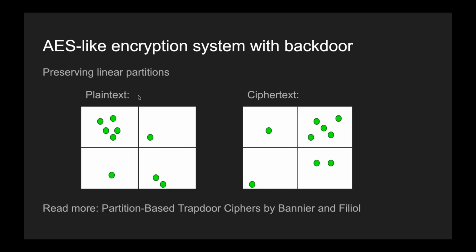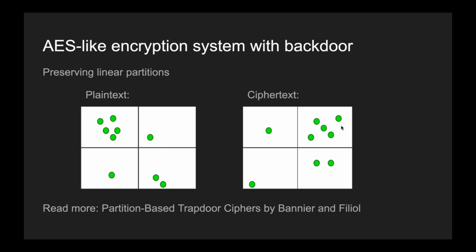And the point of designing something like this is if I look at one of these points in the ciphertext, I kind of know what area it came from in the plain text, just based on where it ended up, if I know which quadrant goes to which quadrant.